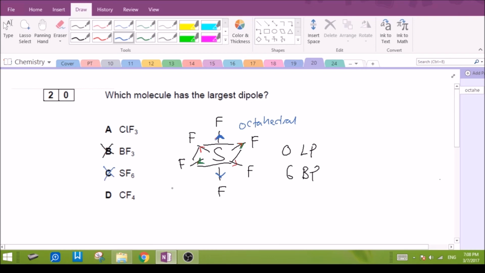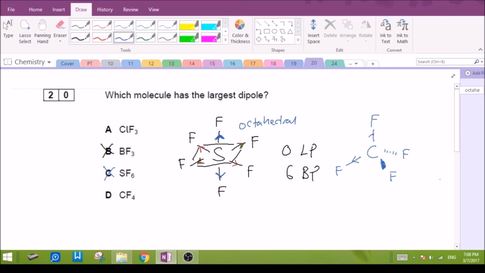And CF4, like your CH4 methane and all that, is tetrahedral in shape. It's symmetrical.